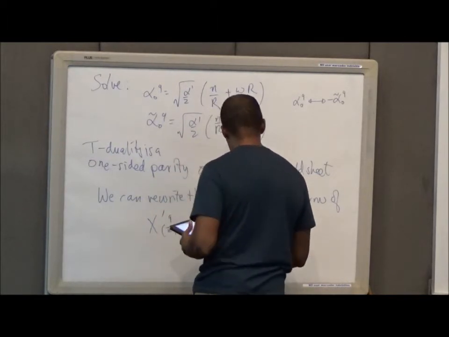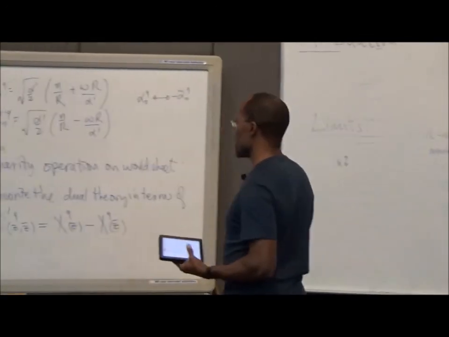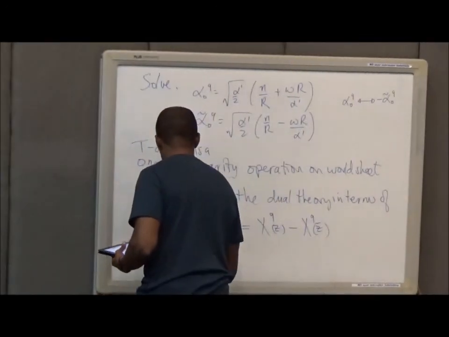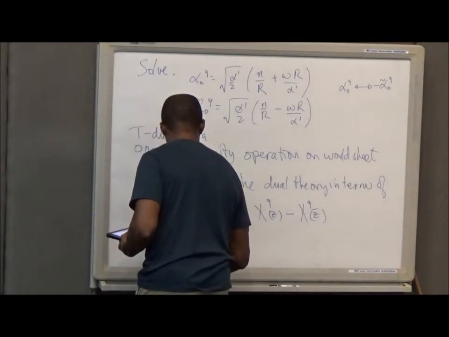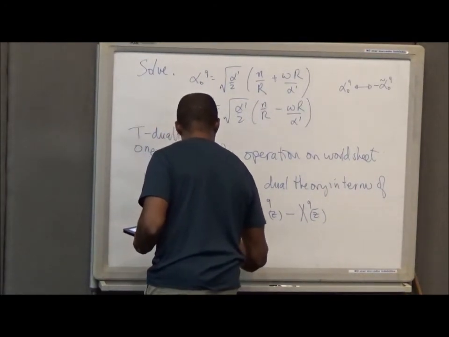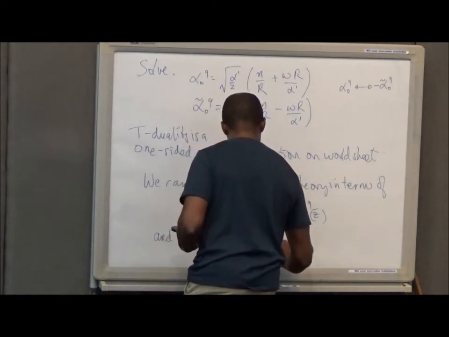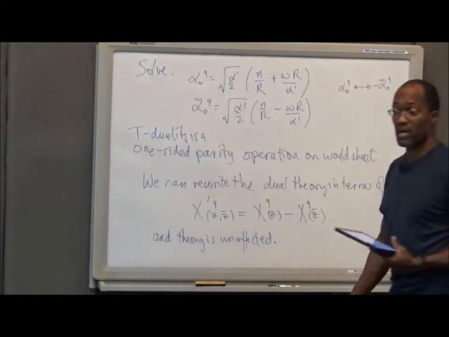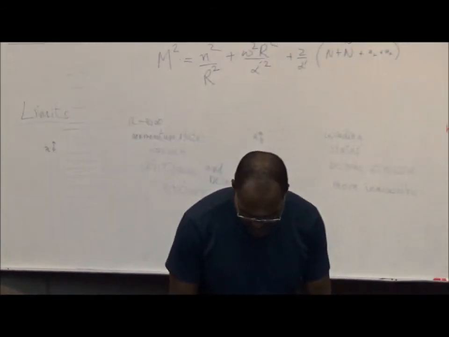So we can throw that minus sign through the whole mode expansion, and the theory is unaffected. So that's quite remarkable, and that's going to be our starting point next time.